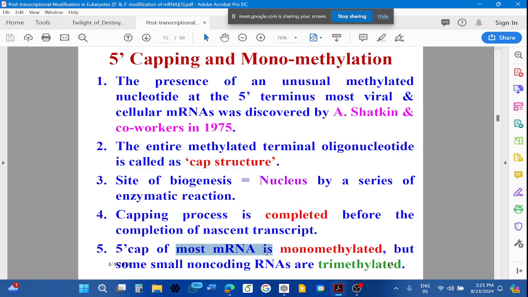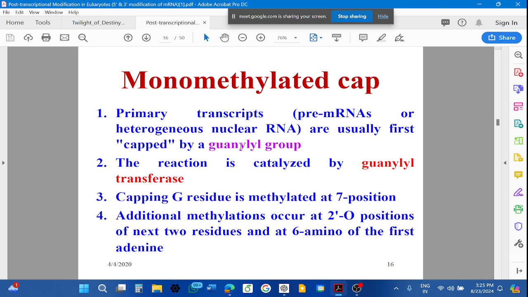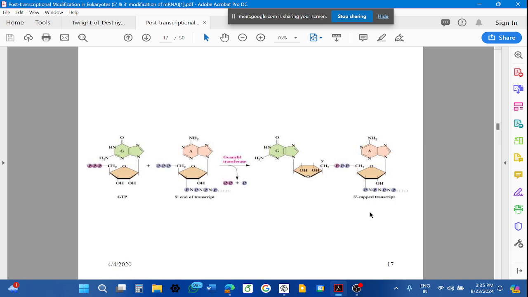Most mRNAs are monomethylated, with only a 7-methyl guanosine cap. A guanylyl group is added and methylated at the 7th position. In the trimethylated ones, additional methylation occurs at the 2' position and at the 6th amino of the first adenine. So focus on the monomethylated cap.